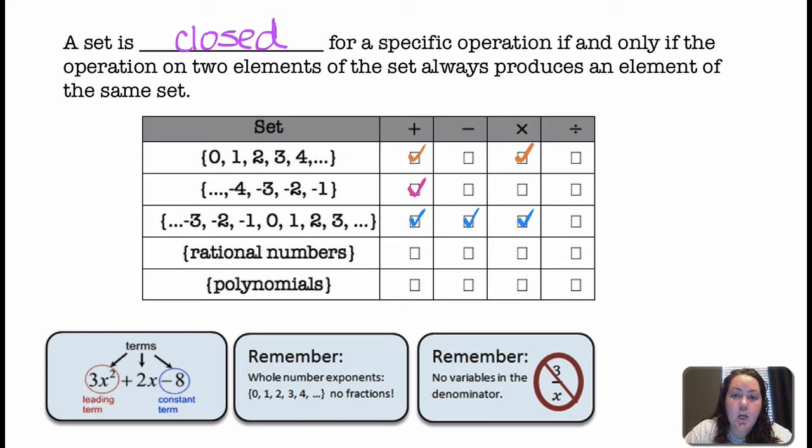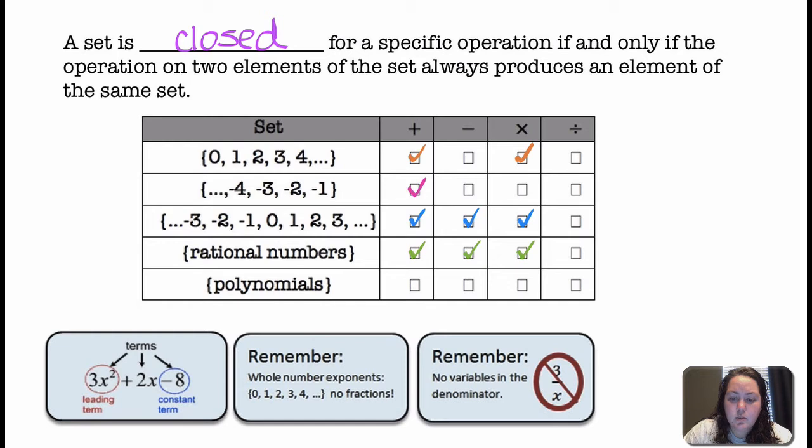They can't be non-repeating, non-terminating numbers, because those are irrational. But as long as they have an end or they have a pattern, then they're okay, even if they're decimals. Those would be closed under addition, subtraction, and multiplication.